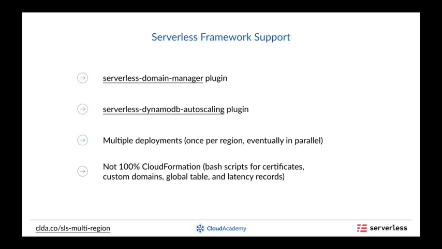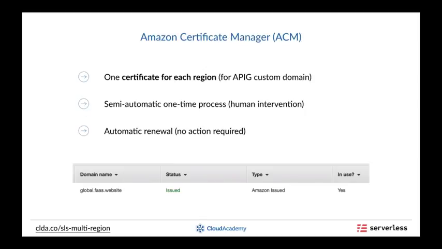Yeah. Okay, great. So I want to tell you a little bit about the details. For example, the first building block that we used was ACM, Amazon Certificate Manager. It's a great service to manage and automatically renew your secure certificates.